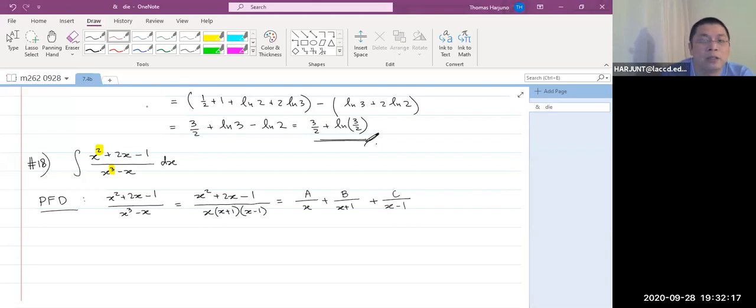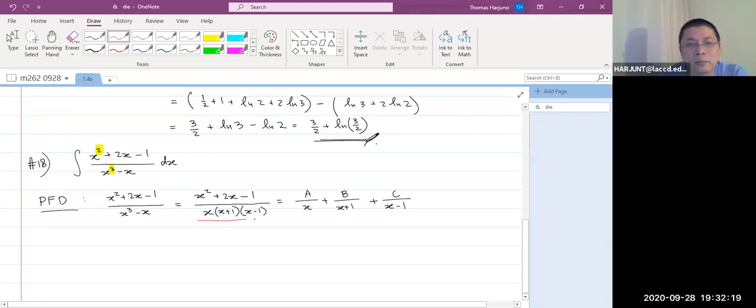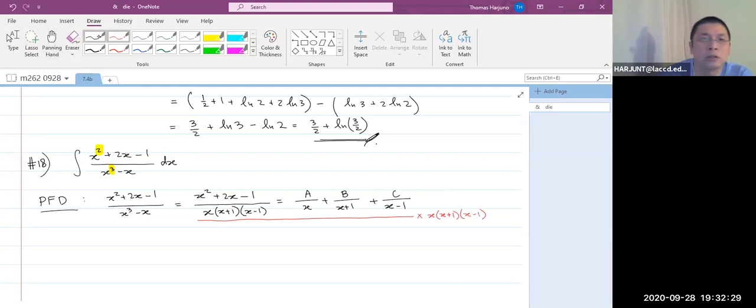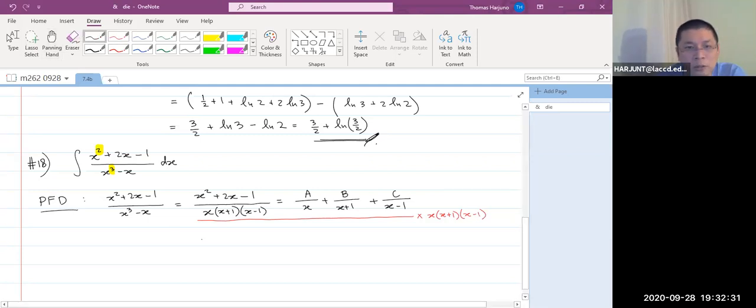Multiplying by the LCD, which is x plus 1, x minus 1. That will give me x squared plus 2x minus 1. That's the denominator, right, for the original rational expression.